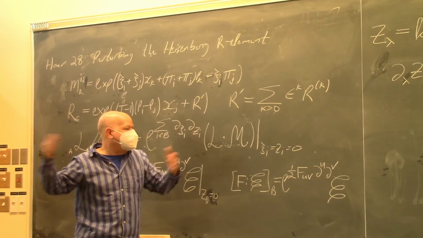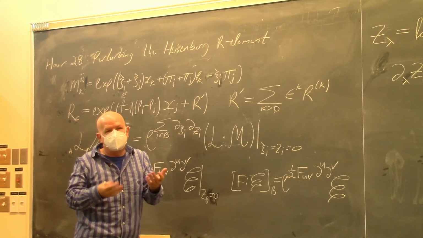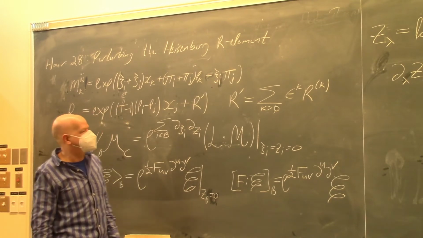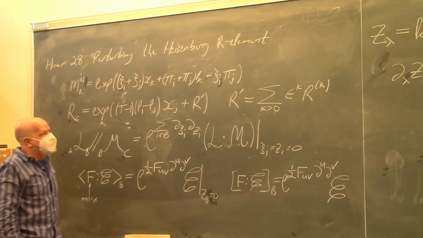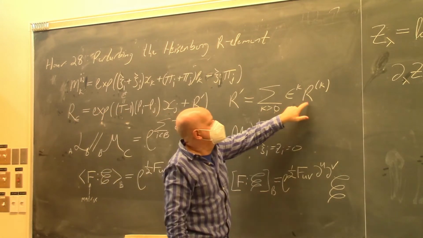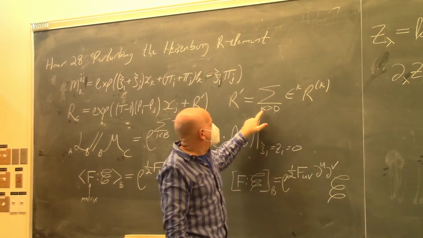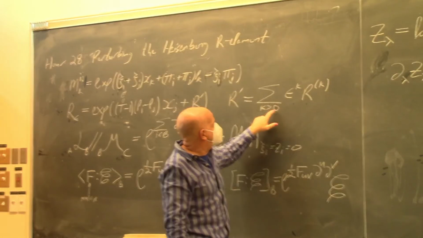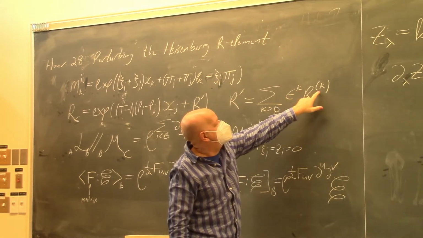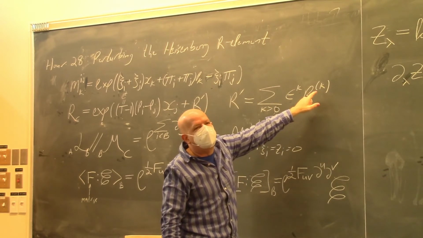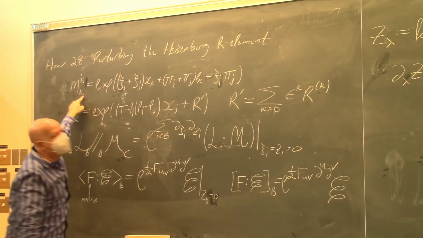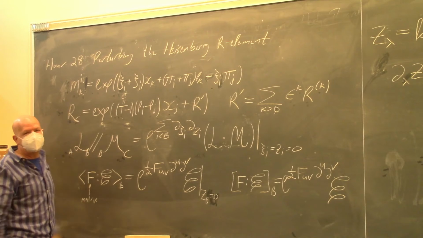So whatever the scalars were before, now they're allowed to be power series in epsilon. And I want the perturbation term to therefore be a power series in epsilon. So I want to write it as a sum as k is greater than 0 of epsilon to the k times R number k. This k and that k have nothing to do with each other, sorry.